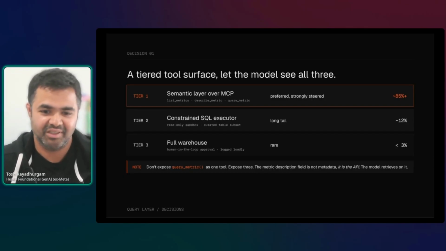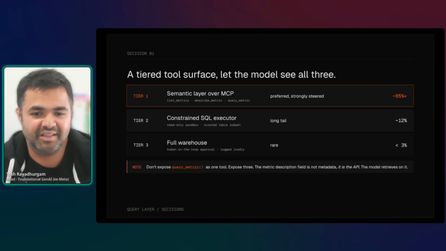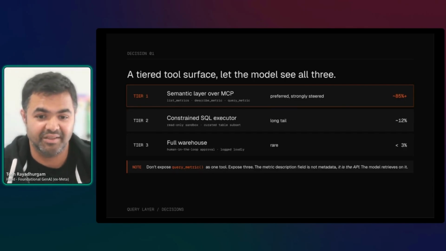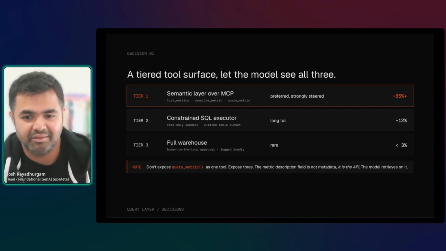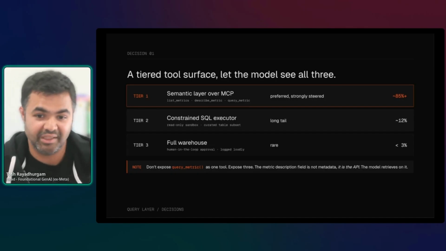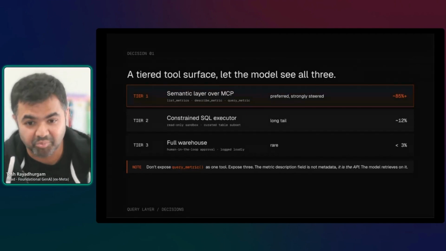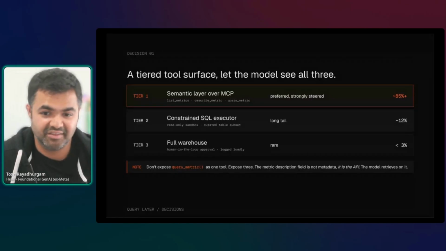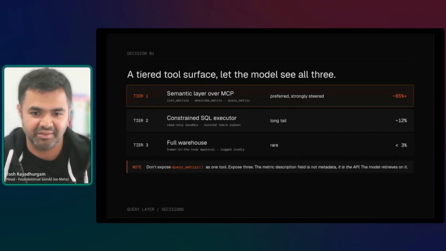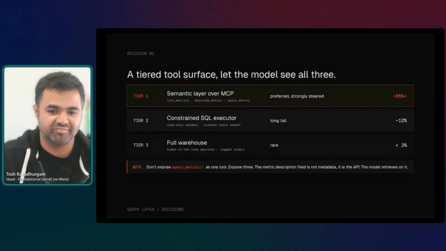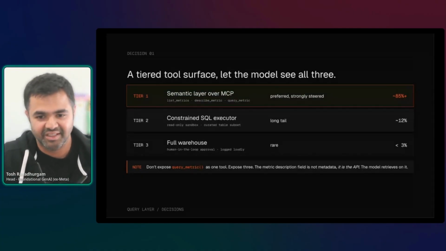I think maybe there are some things there. Let's not expose query metric as a single tool. Instead, we can expose maybe a list, a describe, and a query as three different tools, and put all the metric definitions and any business meaning in plain English, because the model is going to retrieve on the description, right?